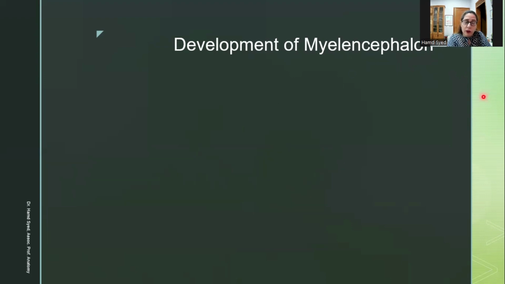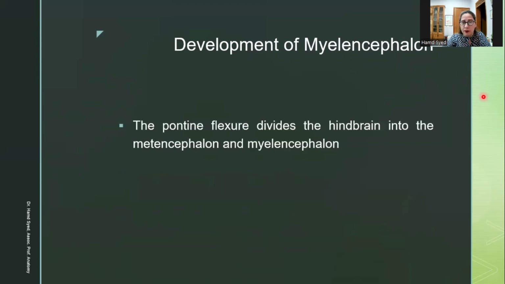Now, if you recall from the previous discussion, there are 5 secondary brain vesicles in a craniocaudal sequence. These are the telencephalon, the diencephalon, mesencephalon, metencephalon, and myelencephalon. So the caudalmost is myelencephalon, meaning this is the secondary brain vesicle which is going to form our medulla oblongata.